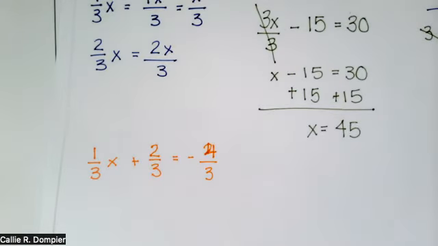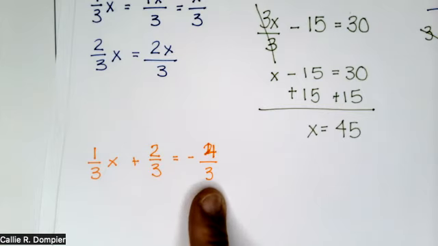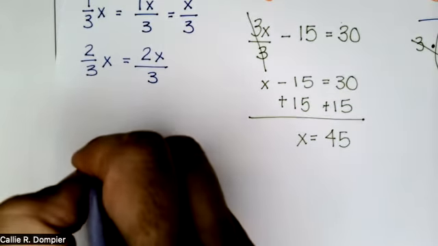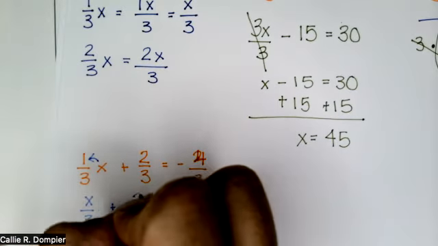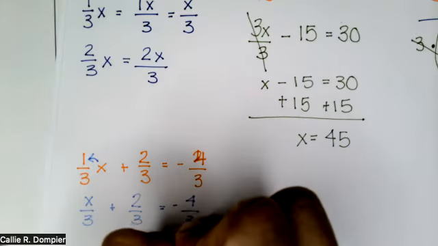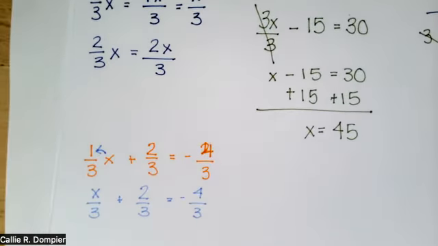Okay. This one, they are all over 3, right? Remember, this just becomes x over 3. I guess it's negative 4 over 3. You have the same denominator for all 3 parts of your equation. It's an equation because it has an equal sign.